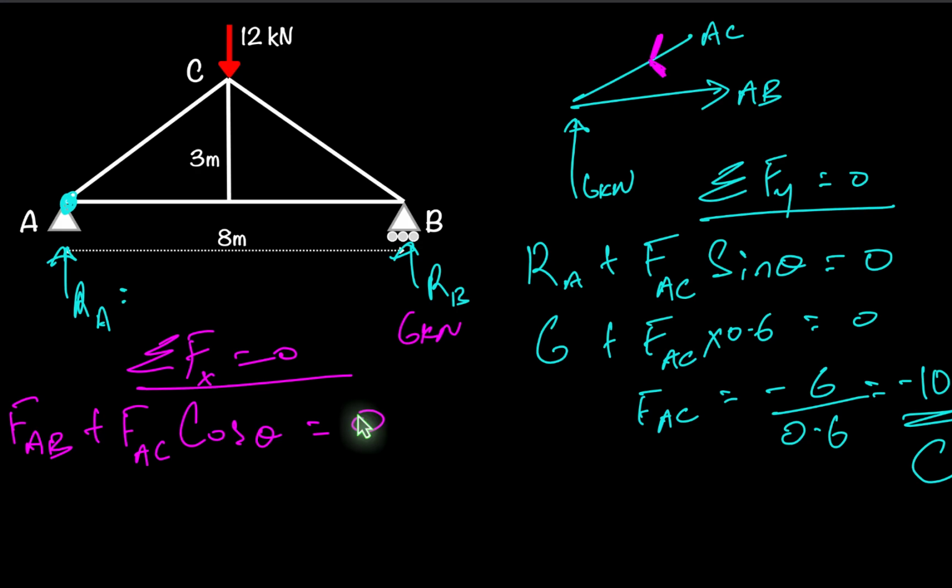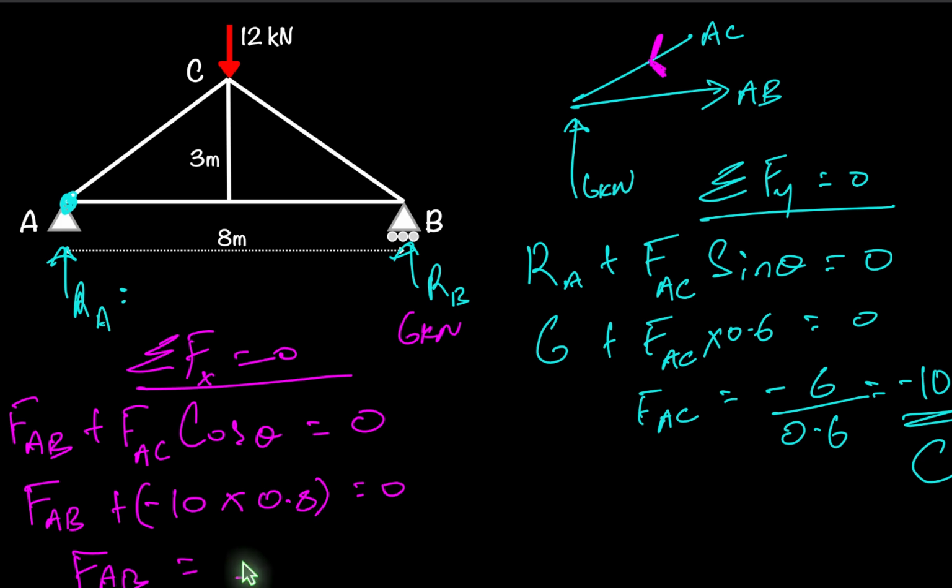So if we just write then FAB, which is the unknown, plus we know FAC as negative 10, we know cos theta as 0.8, so that's 0.8 there, and all of that equals 0. So now FAB is 0.8 multiplied by 10, and that's now going to be positive, so that's going to give us 8 kilonewtons. It's positive, so it means that this is a tensile member.